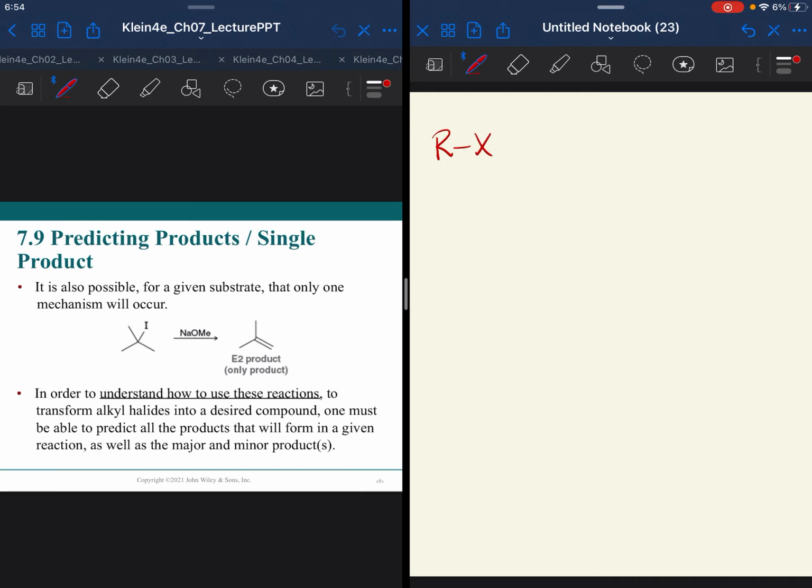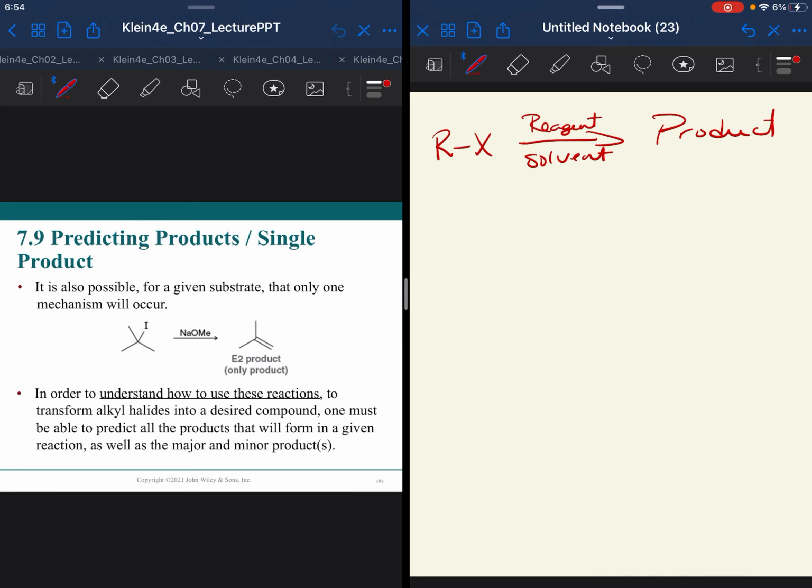You have a substrate that is an alkyl halide. You have a reagent, and some reagents can act as nucleophiles and bases. Sometimes you have a solvent. And from that, you have to not only be able to say which mechanism is going to be responsible, but then predict the product. So we need some sort of strategy.